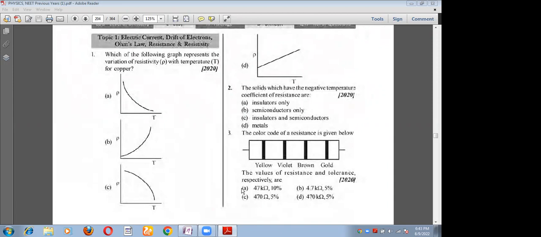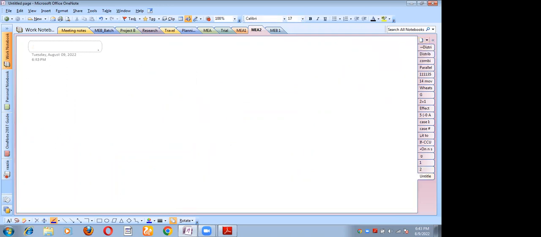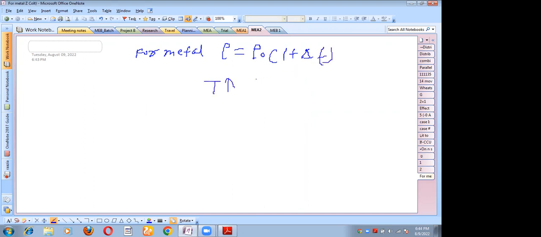So if you see about resistivity, for metal, resistivity varies like this. It's a linear variation, right? When temperature rises, resistivity rises. This is not this capital T. It's a linear variation.